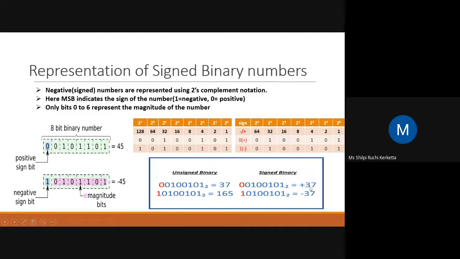Plus 37 has a 0, and minus 37 has a 1. If you say 45 and minus 45, for 45 the most significant bit is 0, and for minus 45 this most significant bit is 1. Okay, any doubt in this?